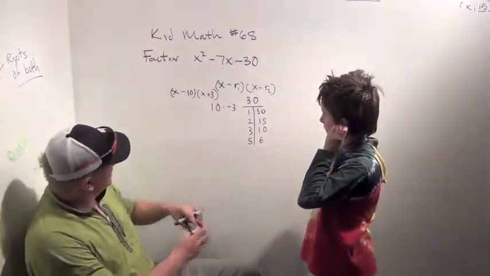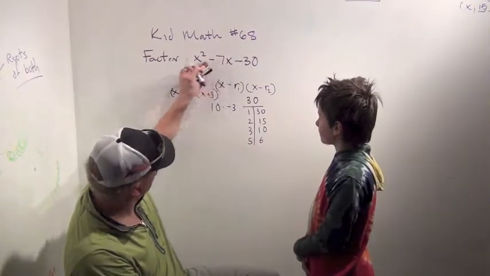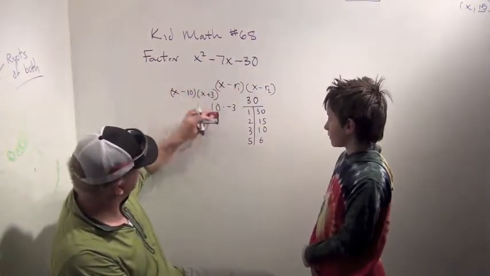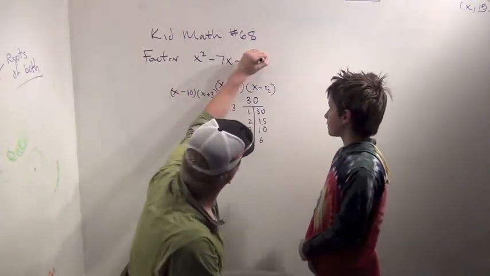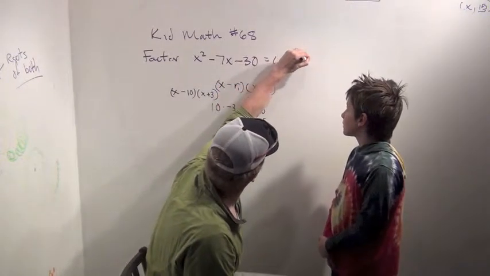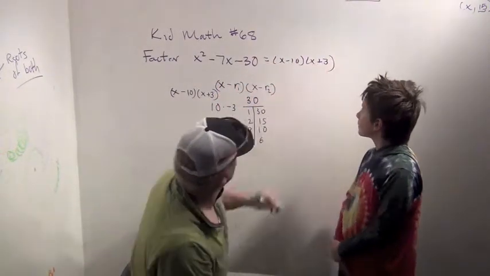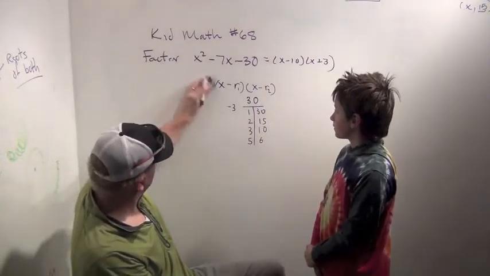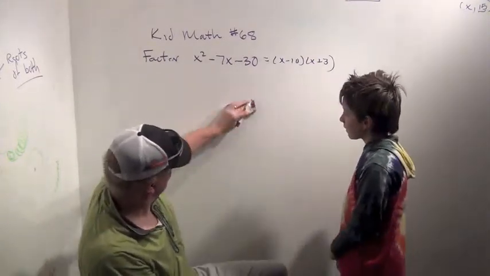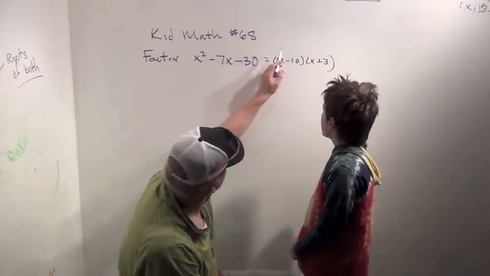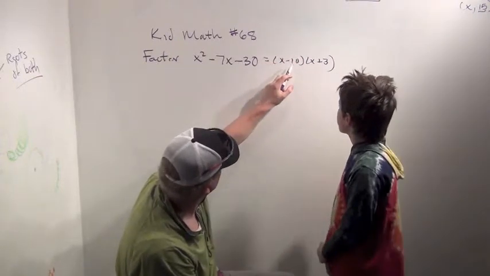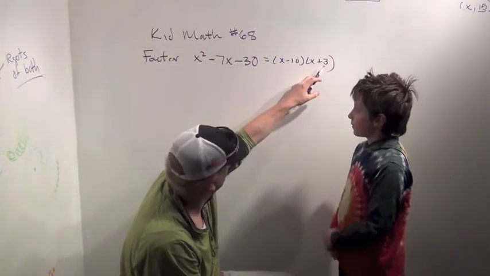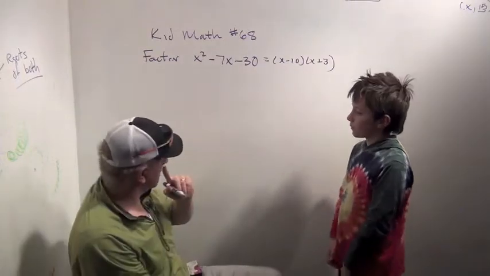So x squared minus 7x minus 30 is x minus 10 times x plus 3. Let's write it up here. And if we multiply this all out, we're going to get an x squared, a minus 10x and a plus 3x, and a minus 30.